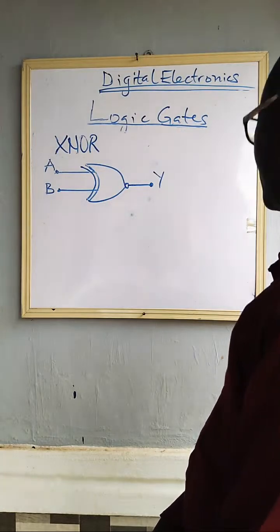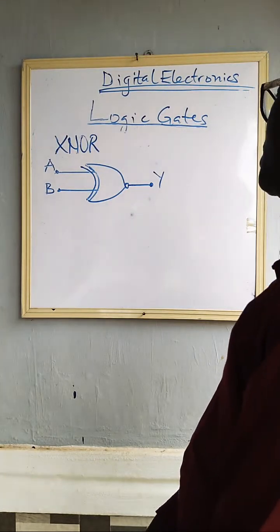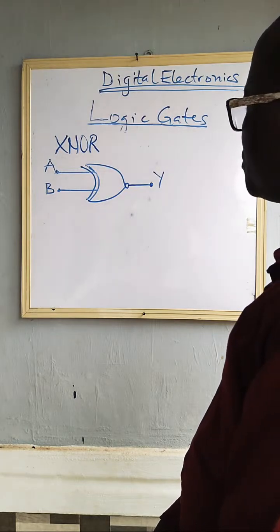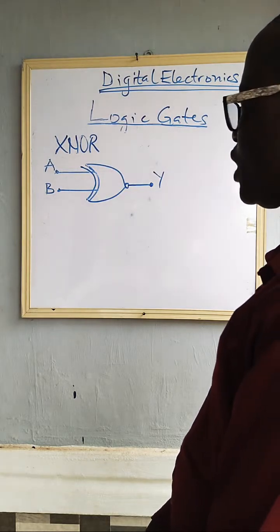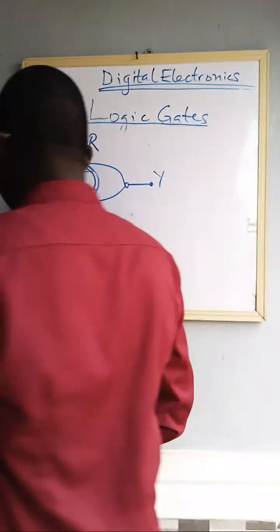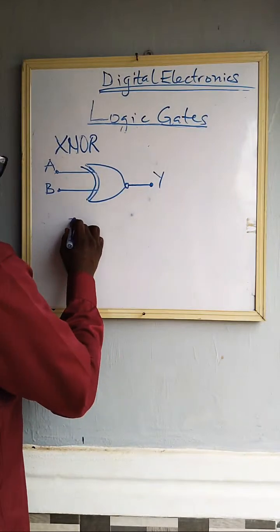You're not going to get a high. Now, the XNOR ensures that when the two of them are high, you are not going to have a high. That's the difference. So let's see the truth table.